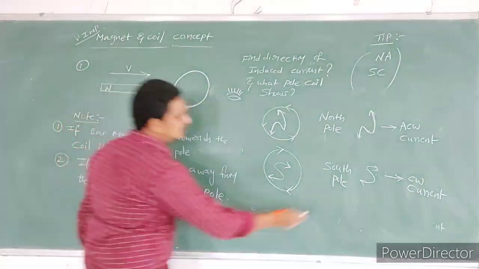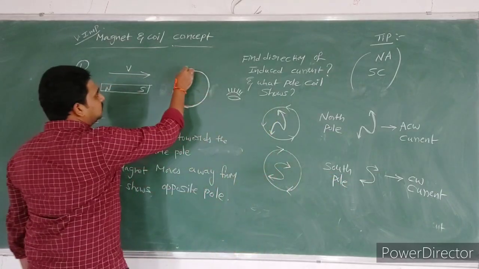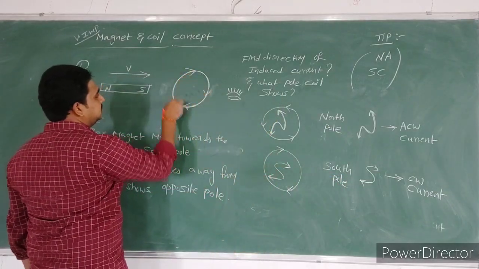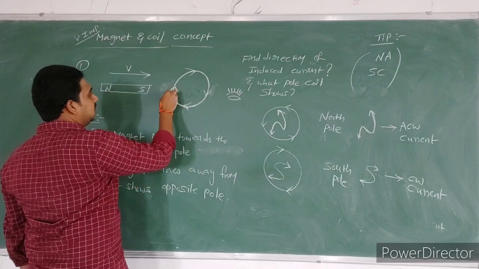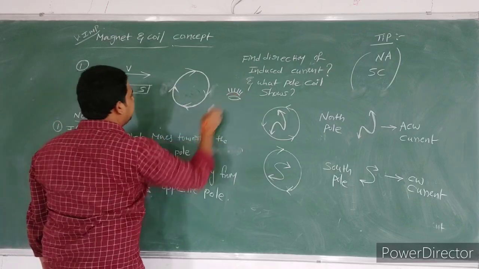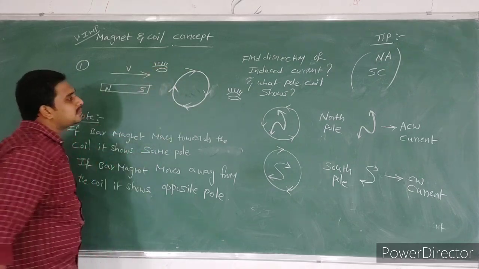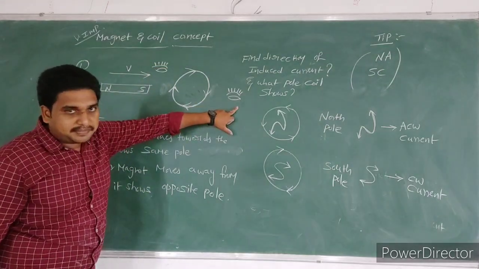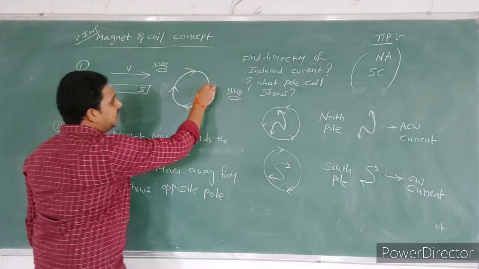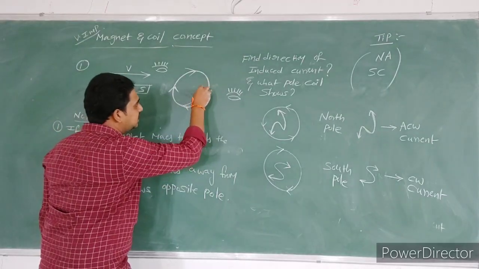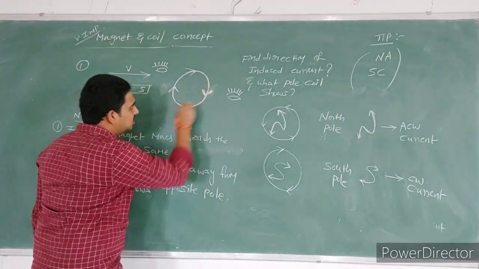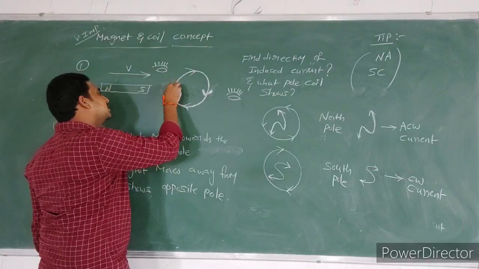South pole means clockwise current, so the current direction is like this. Observe carefully. If you see from this side, the current direction is downwards here. If you see from the other side, the current direction is upwards.